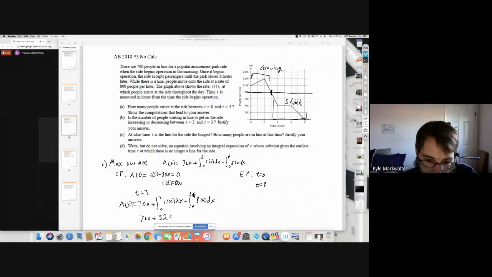So that's 700, the integral from 0 to 3, we already found in part A was 3200, minus the integral of 800. We have a shortcut for these constants. It's 800 times 3 minus 0. 800 times 3, that's going to be minus 2400. It's going to mean at t equals 3, we have a total of 1,500 people in line.